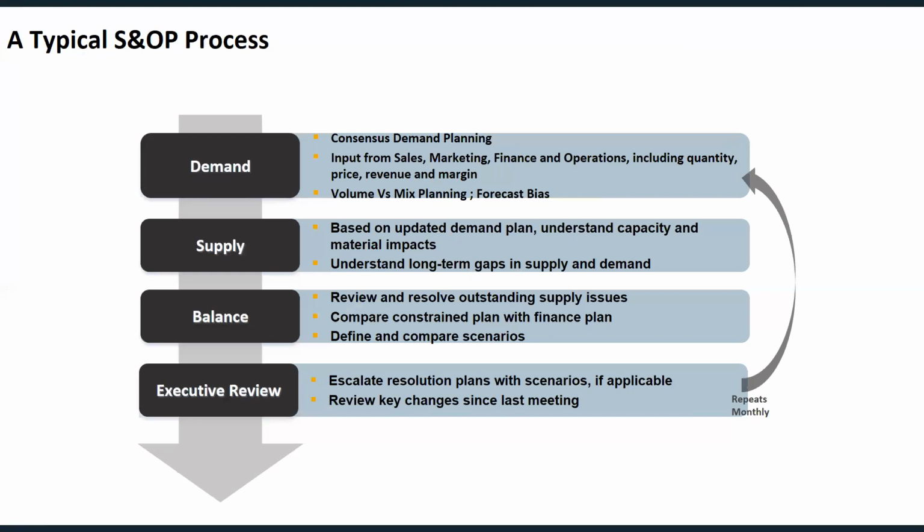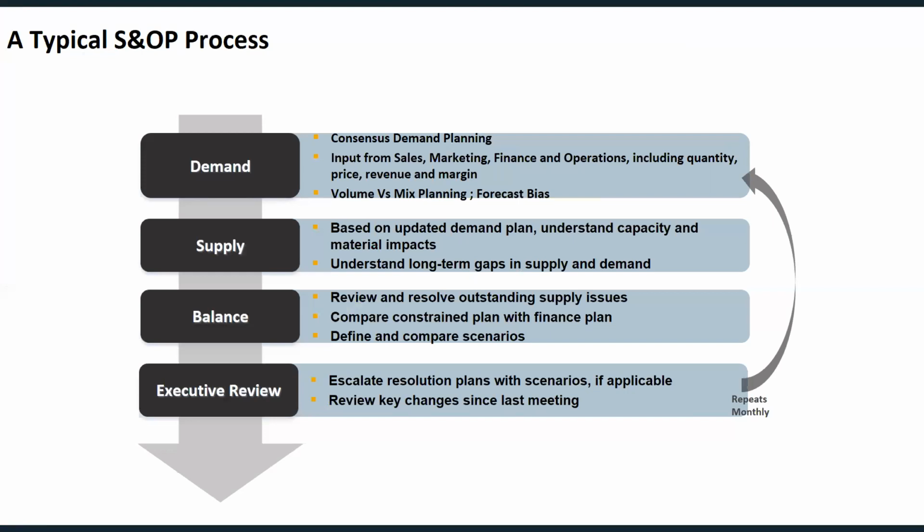Those are the points where both teams may not agree to any single number, and that's where you take those specific cases for an executive review, so that they can also look at what planning has been done, what the outstanding issues are, what gaps they can provide inputs on, or if they have to provide any approvals for any changes or any specific scenario, they can do that.